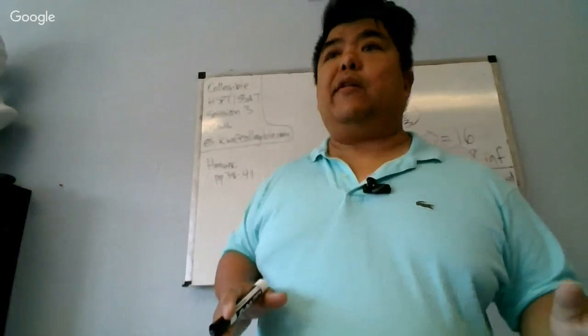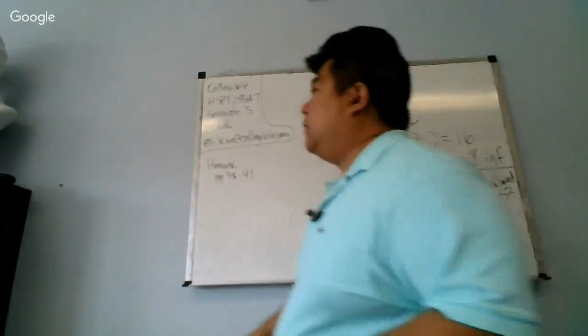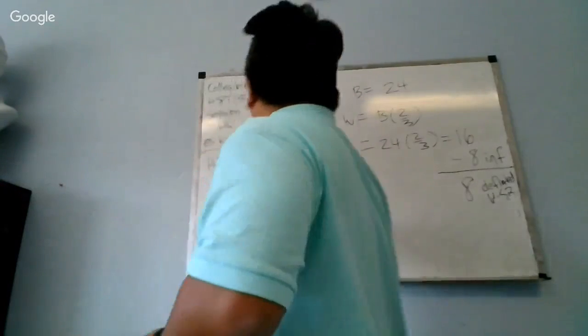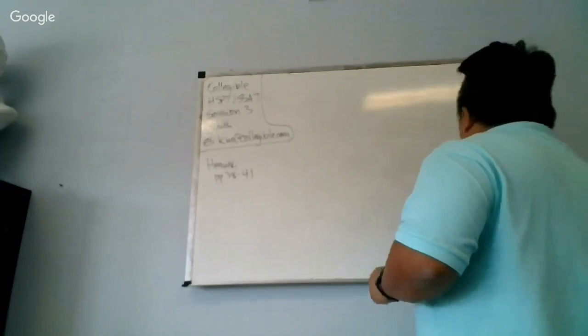Let's go with number 2. This is a good question here. Cindy, you want to tell us how you would do number 2? 2 less than the sum of 3 and 7.